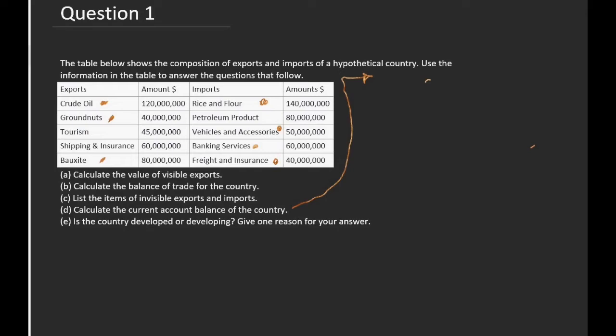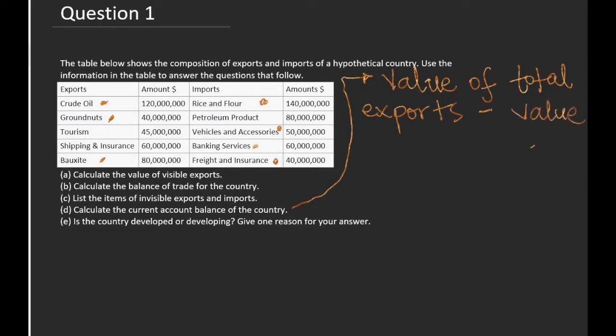Let me write it here. Again, current account balance is value of total exports minus value of total imports.